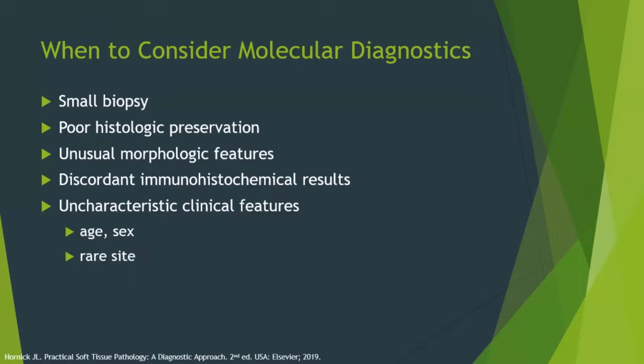Second, poor histologic preservation. Because poor histologic preservation can complicate interpretation, and this situation can be similar to a small biopsy. You only have limited good material to work with.